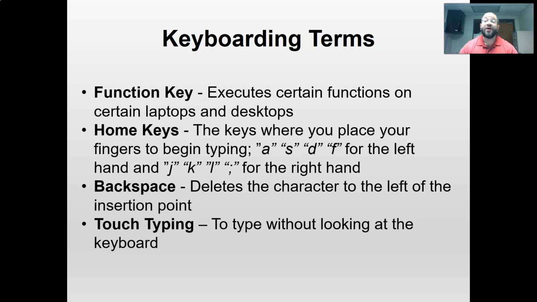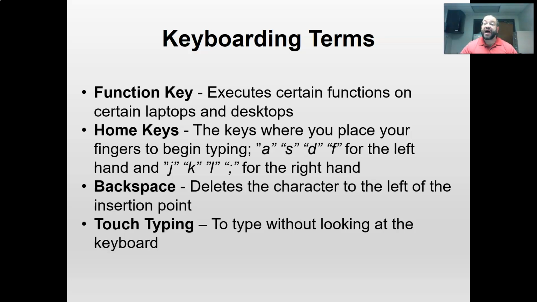So the function key allows me to perform certain functions on the computer itself. The home row. This is really important to know when you are developing typing skills and trying to get into what they call touch typing. If you look at your keys, the home row is A, S, D, F for the left hand and J, K, L, semicolon for the right hand. On most laptop or traditional keyboards, you will see that the F and the J keys have little ridges on them. Those little bumps tell you that's the F and the J key.